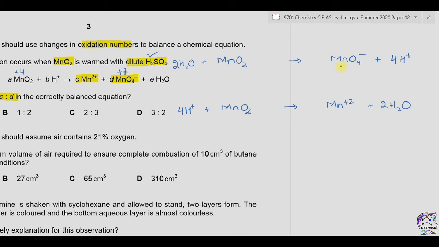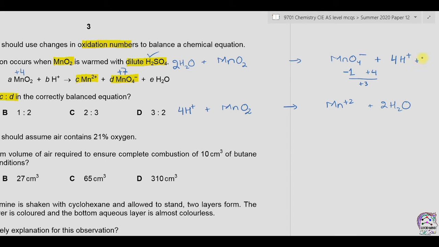Now in the next step we have to balance the charges. We have -1 for MnO4 and +4 for the H plus ions. So the overall charge for this equation is +3. So we can add electrons in order to balance the charges. On the reactant side we have 0 charge because both the water and MnO2 are neutral.